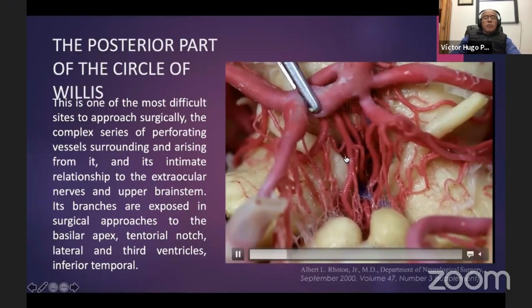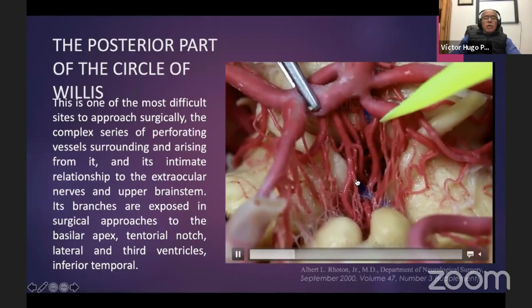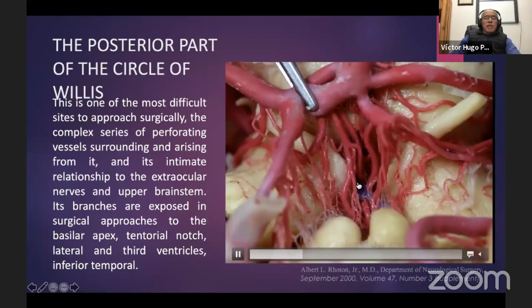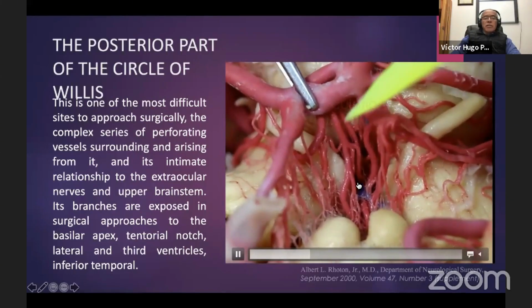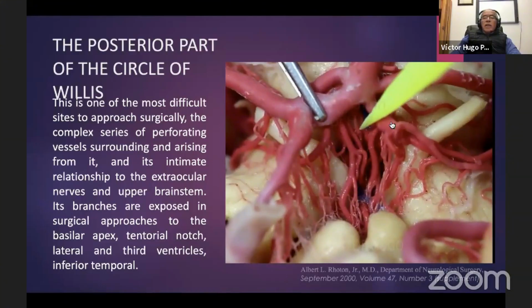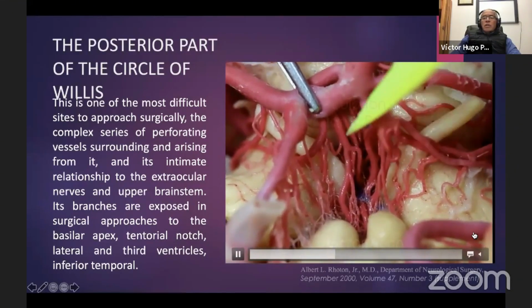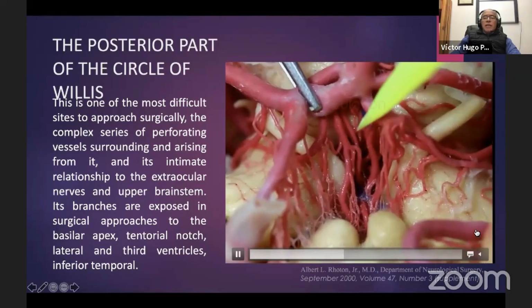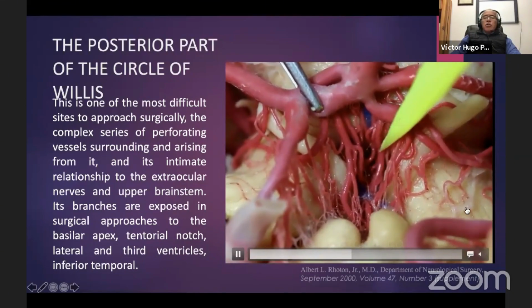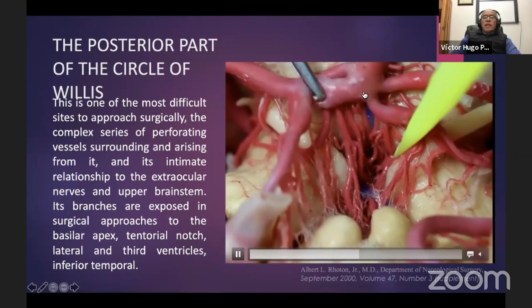The branches are exposed in surgical approaches to the basilar apex, tentorial notch, lateral anterior ventricles, and inferior temporal region. Here we have a small video. We can see the small branches coming from the tip of the basilar artery.